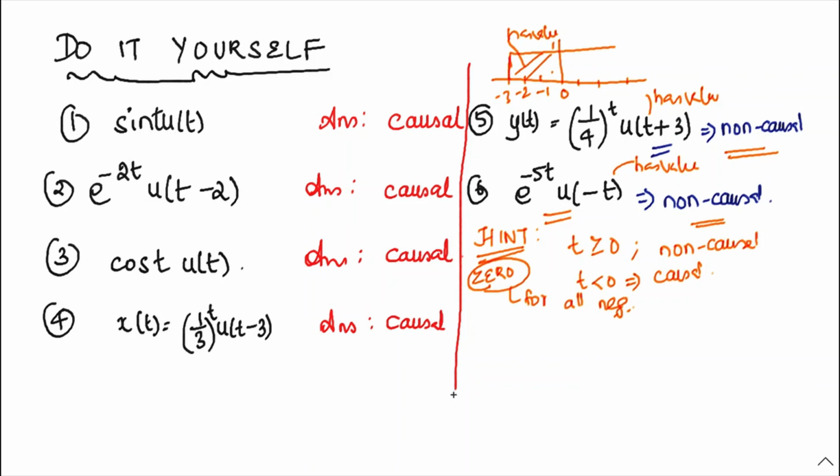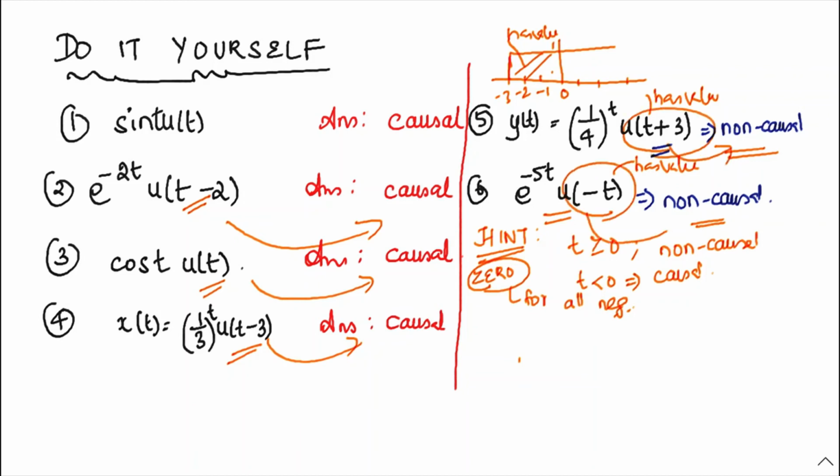So u of t minus 2, u of t minus 3, etc. all come under causal signals. So when sometimes you have positive and negative values and get confused, you should conclude it as a non-causal signal. For non-causal signals, it has both positive and negative values.